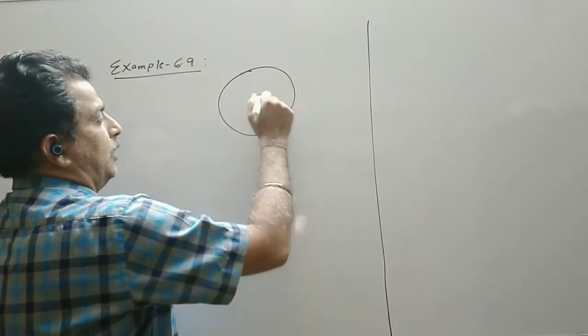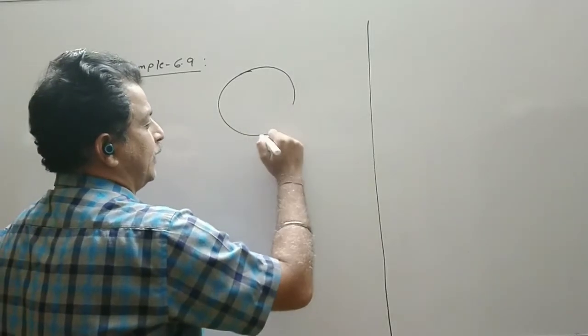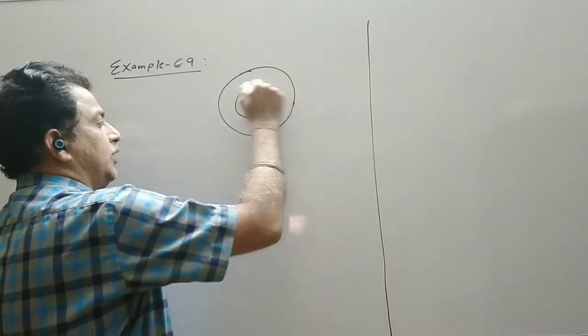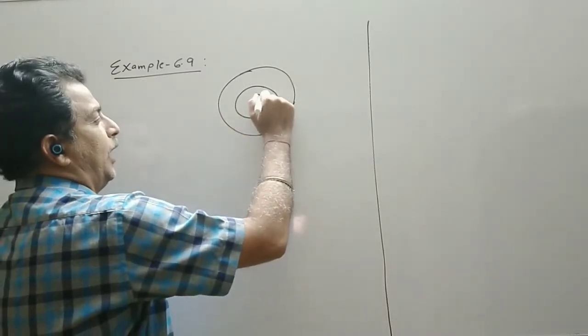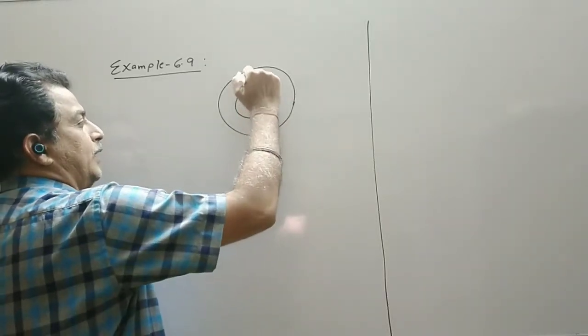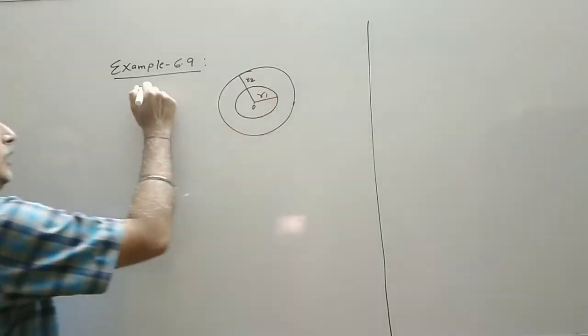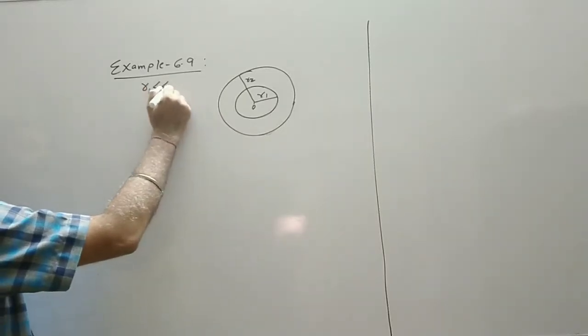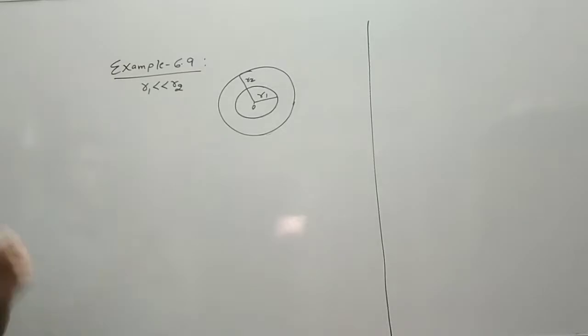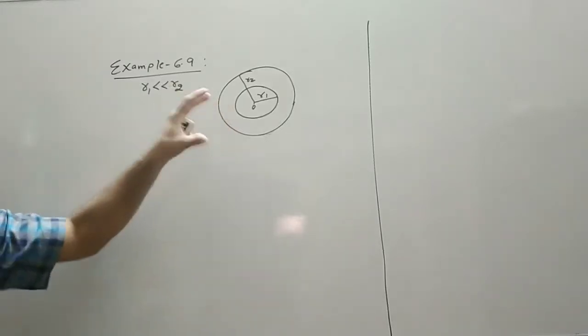One is a coil having radius R2 and another coil whose radius is R1. Both the coils are coaxial and it is given that R1 is less than R2. So R1 is the inner coil and R2 is the outer coil. We have to find the mutual inductance of the system of these two coils.